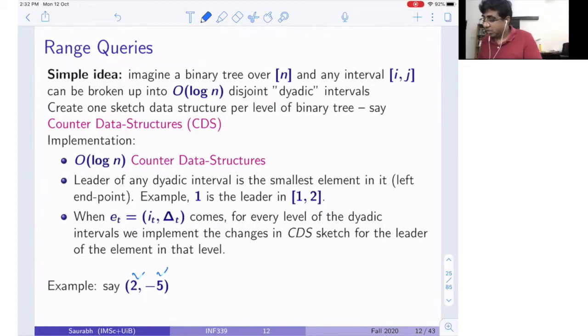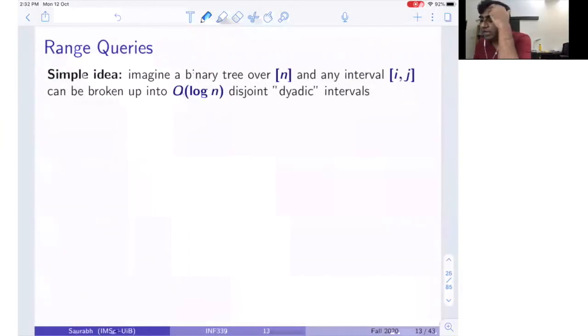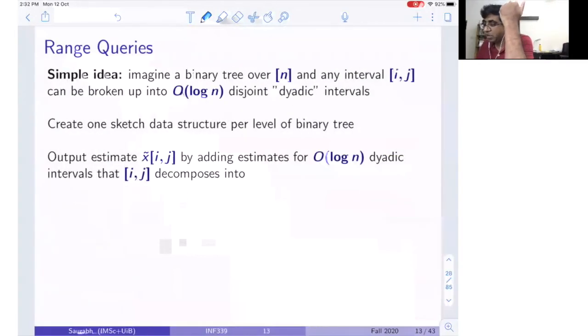But look, this tree is quite huge. This tree could have as many as order n nodes, right? So absolutely, we cannot store this. So what are we doing? As I explained to you, we'll create one sketch data structure per level of the binary tree.